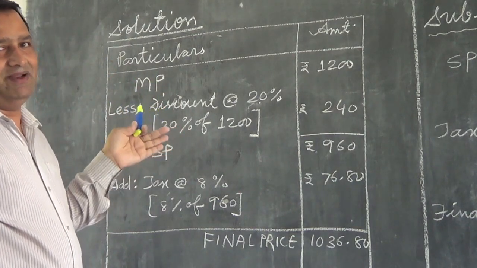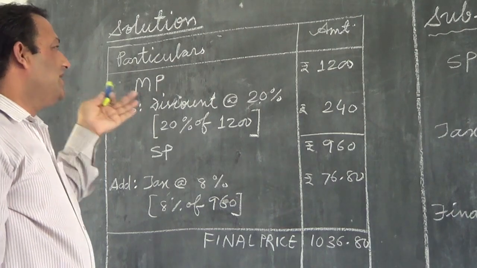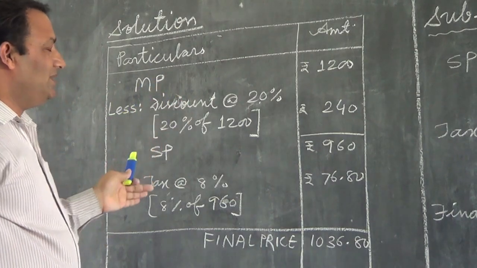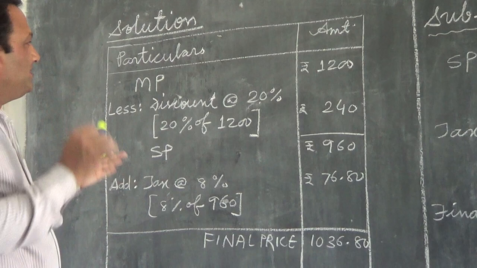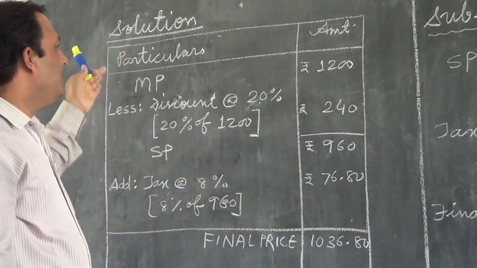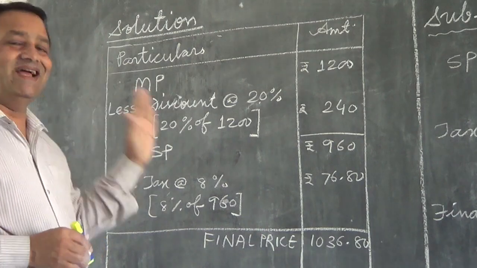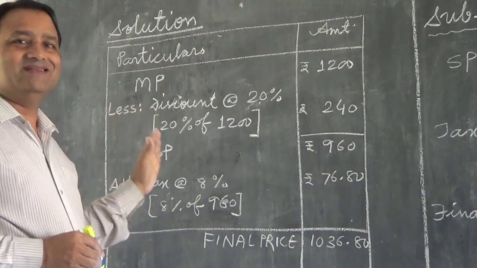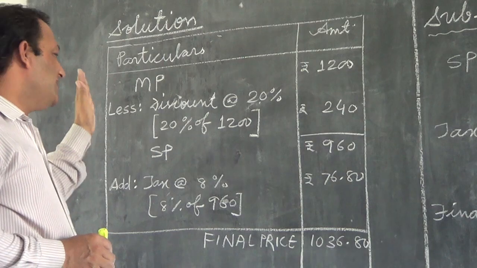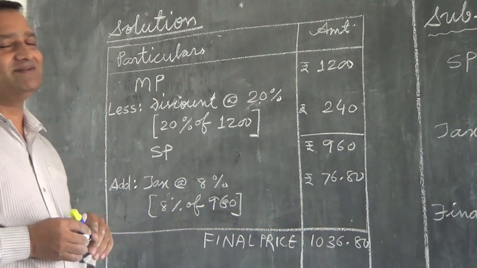All types of problems you may not be able to represent in the tabular format, but if the question permits, if you represent in a tabular format, it looks very decent. Also, there is no need to write the statements more.